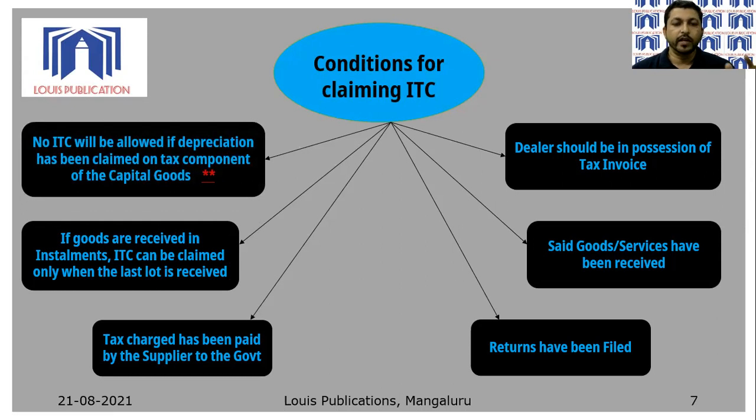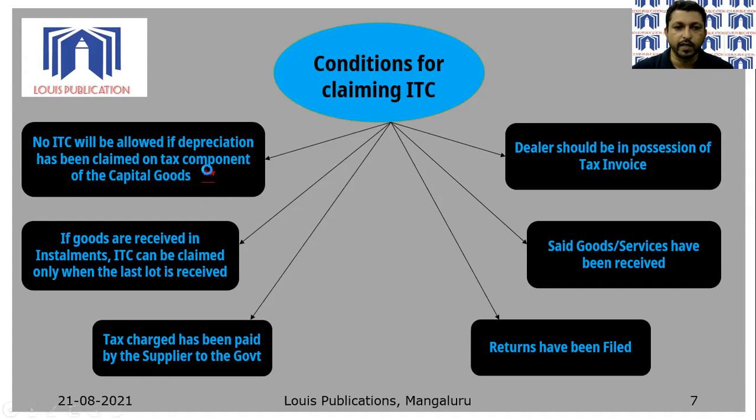But if the depreciation is calculated on both the cost as well as the GST amount, then input tax credit cannot be availed. So let's be very clear. We will take an example. No input tax credit will be allowed if depreciation has been claimed on tax component of the capital goods. So in simple terms, if on GST amount depreciation is calculated, then no input tax credit will be available.